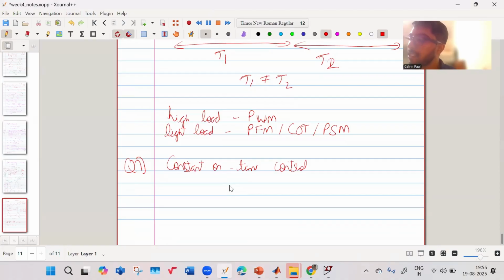It has the good feature that your switching frequency is proportional to your load current. This happens only when it operates in DCM. If you work your constant on-time control in CCM mode of operation, it will not have this feature that your switching frequency is directly proportional to load current.